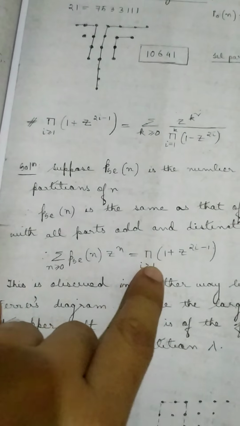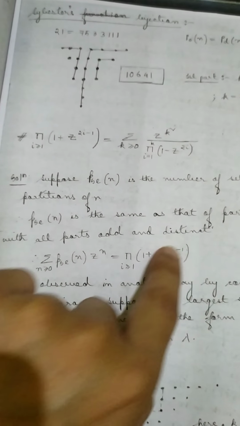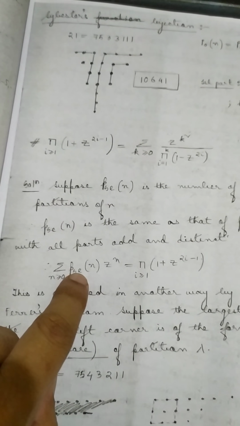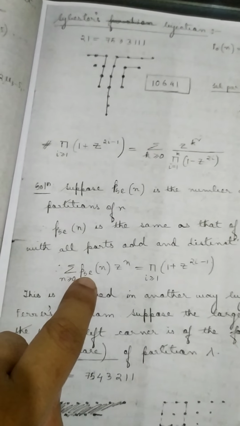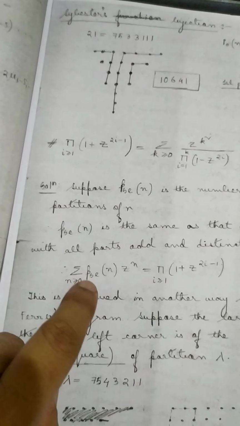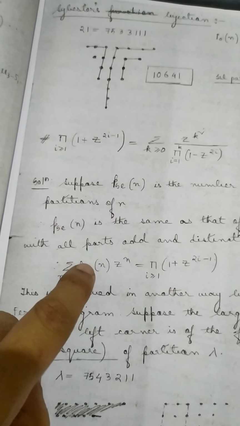Already we have established that a self-conjugate partition is the same as a partition with all parts odd and distinct. So in our discussion, the partitions of n where the parts are odd and distinct are the same as self-conjugate partitions, so we can replace this.